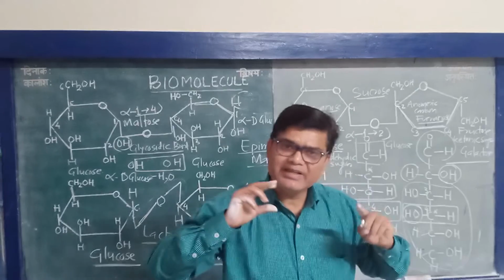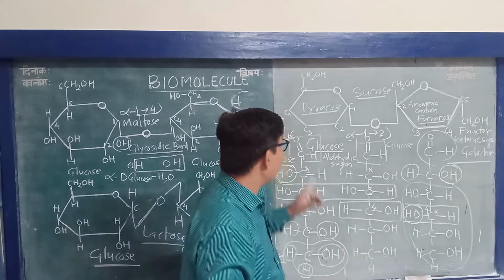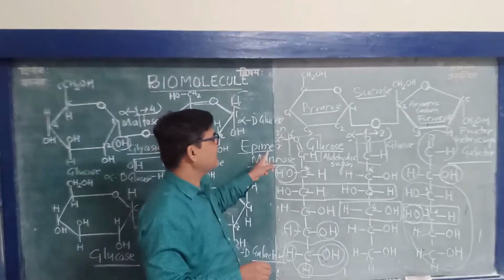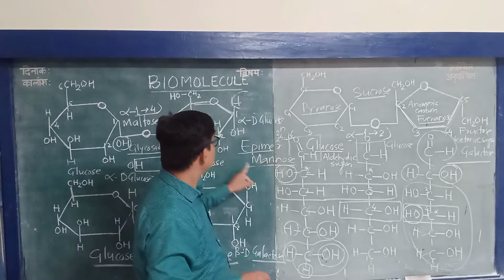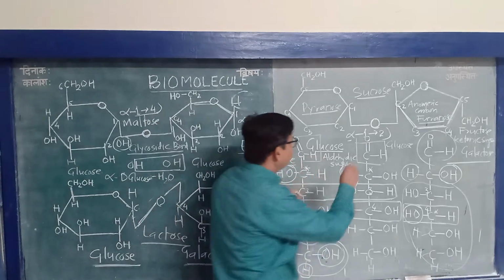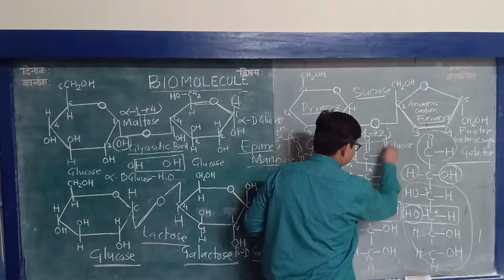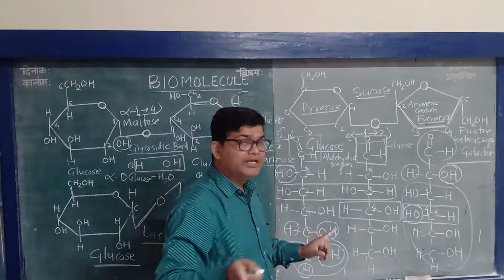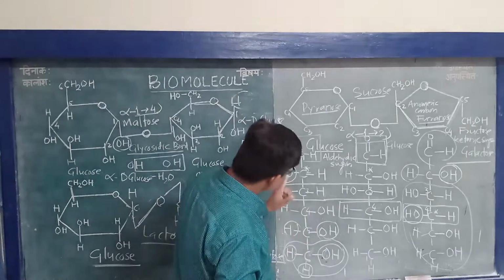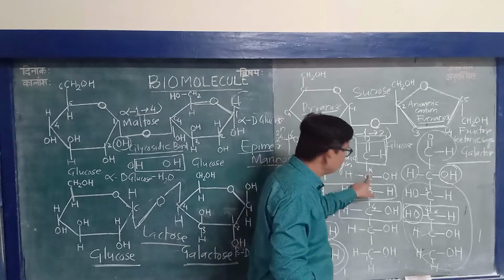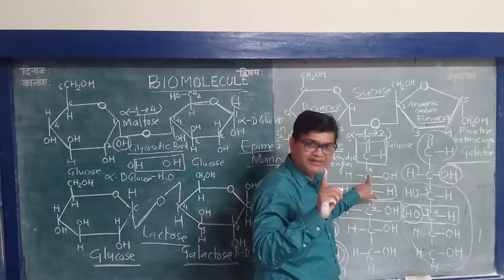So why am I telling aldehydic? It means at every monosaccharide at carbon number 1 there must be an aldehyde group present. Or if it is a ketonic sugar, then at carbon number 2 a ketone group will be present.